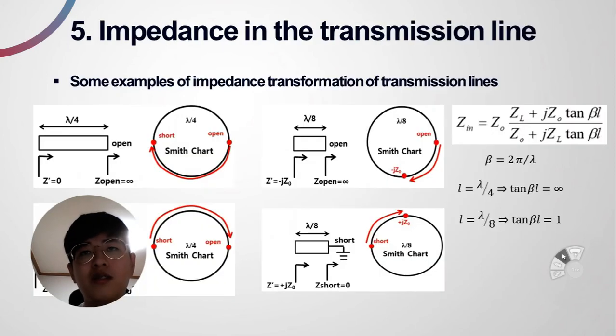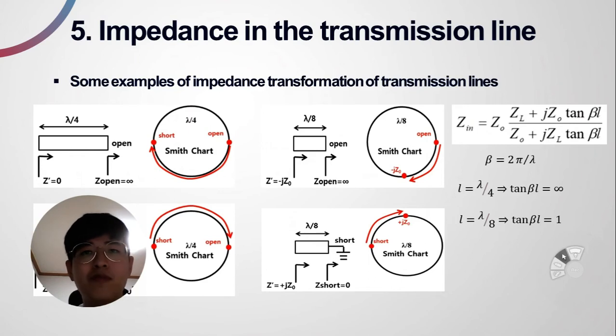These are some examples of impedance transformation of transmission lines. If you try to find the impedance using an equation, when the value of length is lambda over 4, the value of tangent beta L is infinite. And when the value of length is lambda over 8, the value of tangent beta L becomes 1.